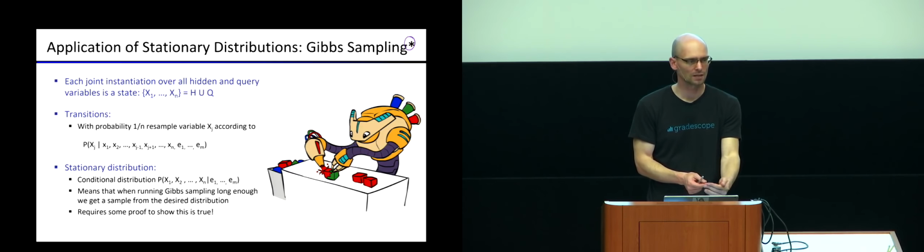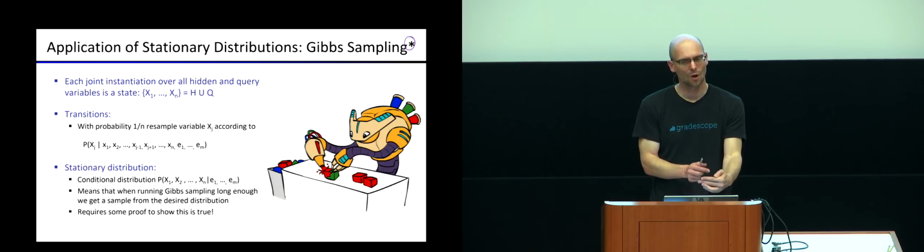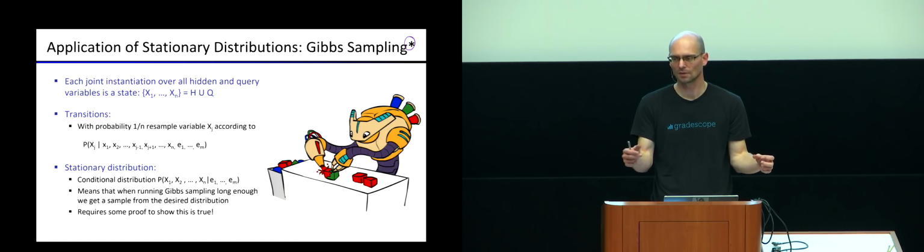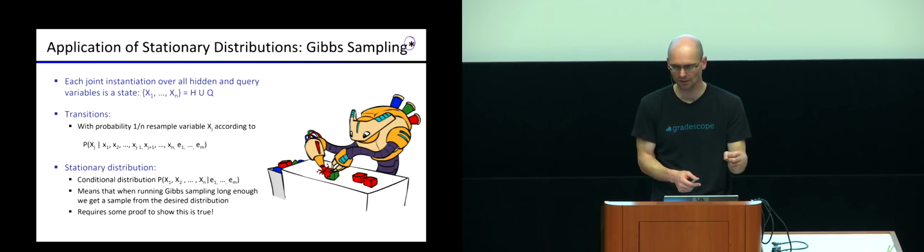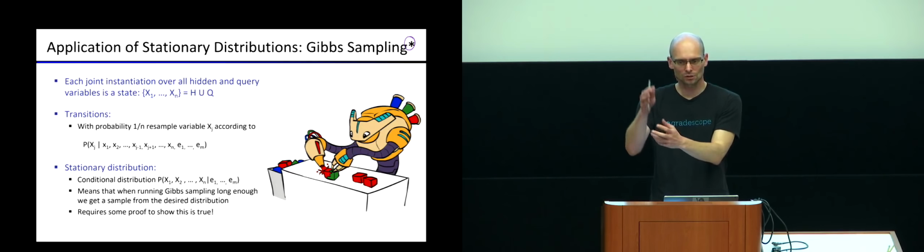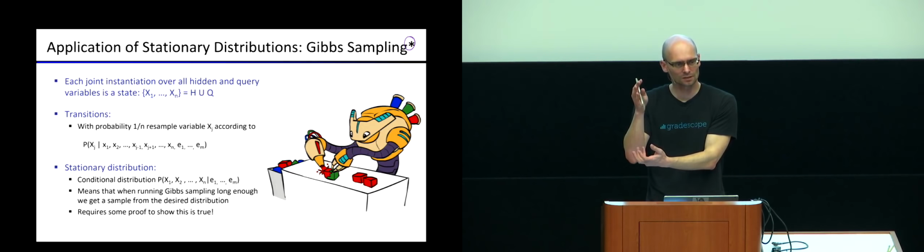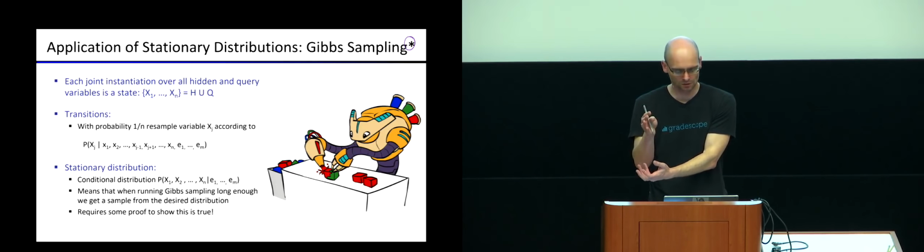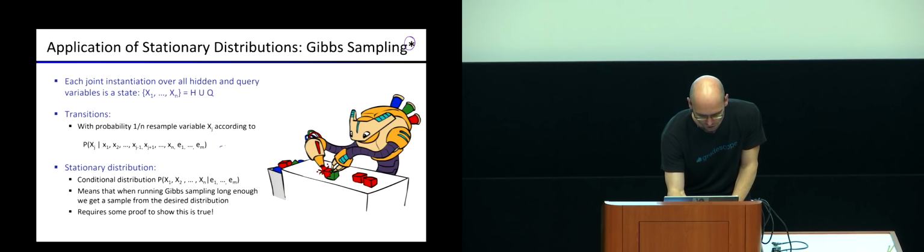Same thing will happen here. At any step in your process, all these variables have been assigned. Maybe it's plus x1, negative x2, plus x3, plus x4, negative x5, plus x6. But the distribution over what you end up with ends up being a stationary distribution that matches the correct posterior distribution.